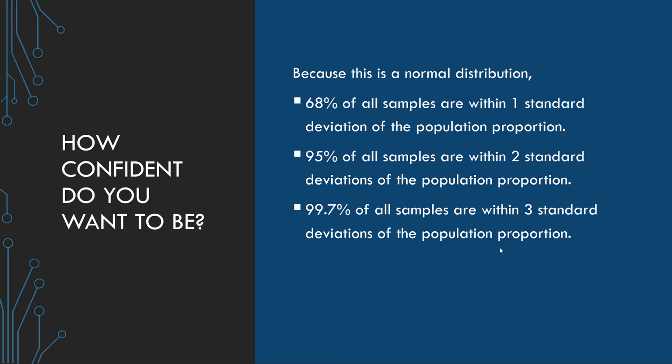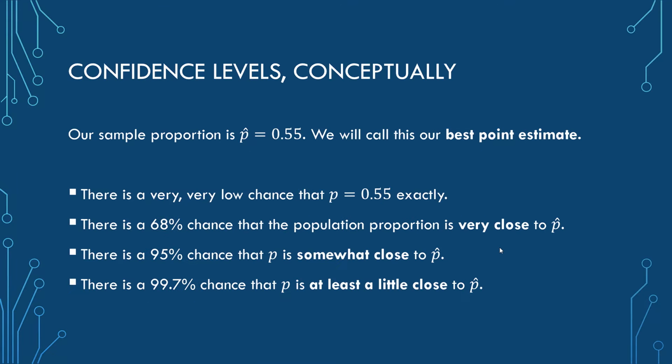So our sample, I can't say with 100% certainty that it's specifically anywhere around the parameter, but I can say with a level of confidence that, yes, for our proportion, 55% there, that's our best point estimate. It's not likely that the population parameter is exactly 55%, but I can say with, say, 68% confidence that the actual proportion, whatever it is, is very close to P. This being P hat.